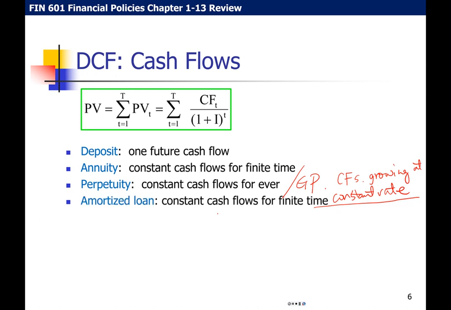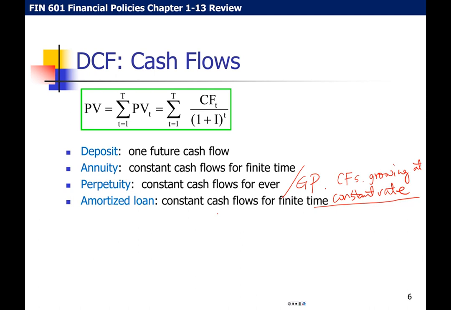And the next one is a very common type of cash flow pattern. It's called an amortized loan. They are constant cash flows for a finite time. Think of examples of amortized loans: there are mortgages, auto loans, and when you buy something large and expensive, such as a laptop or even your phone, you can have payment plans.